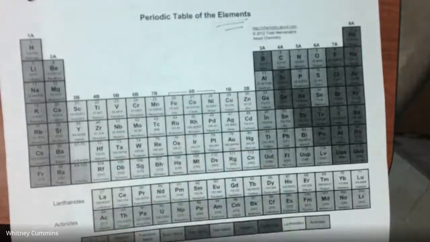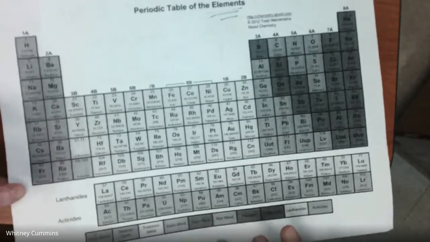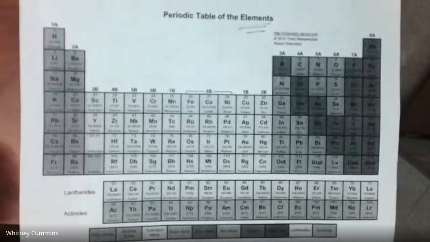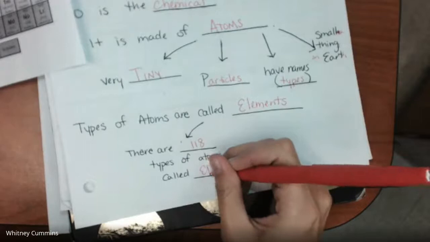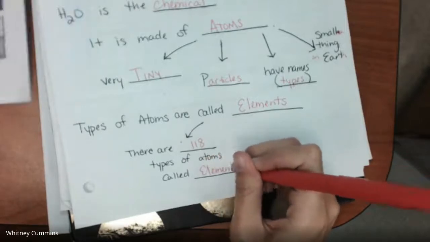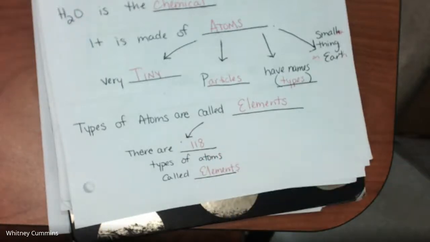And what's really cool is that everything in the world is made up of these types of atoms, these things we call elements. Now, there are 118 different types of elements that we know about, and again, we just call them elements. It's pretty cool.